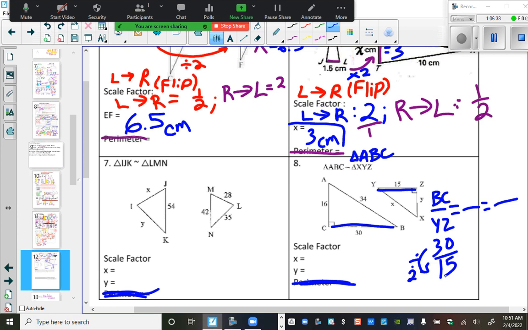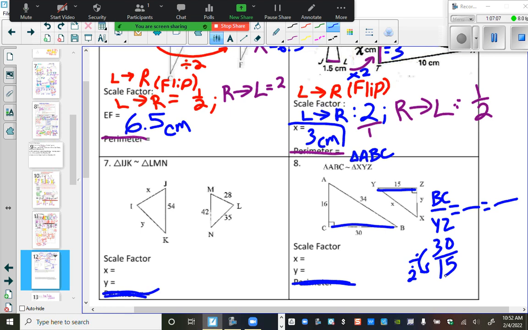Here's why that's very good. Because what you can do to get the other 2, you're going to divide by the same number. So now let's figure out who corresponds to what. So BC, we already know, corresponds to YZ. Somebody pick another side of the big triangle.